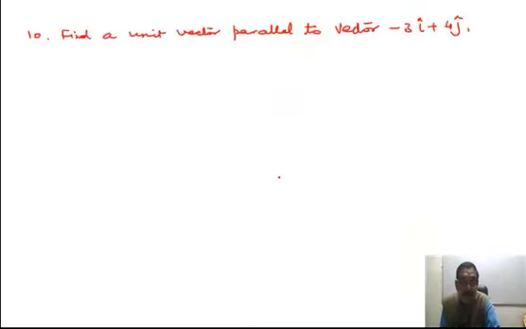Question number 10. Find a unit vector parallel to vector -3 i cap plus 4 j cap. Let us take this vector as vector A. That is, we have been given here vector A is equal to minus 3 i cap plus 4 j cap.